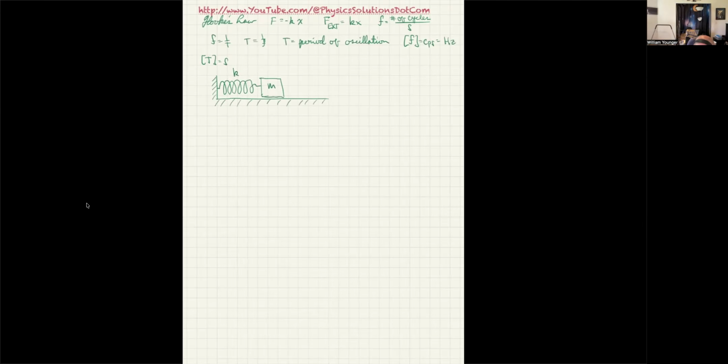The spring would have a spring constant k, and if you give it a pull, so let's apply a force this way, then the spring will stretch by a certain amount such that the mass ends up over here, and this quantity right here is the x we're referring to.